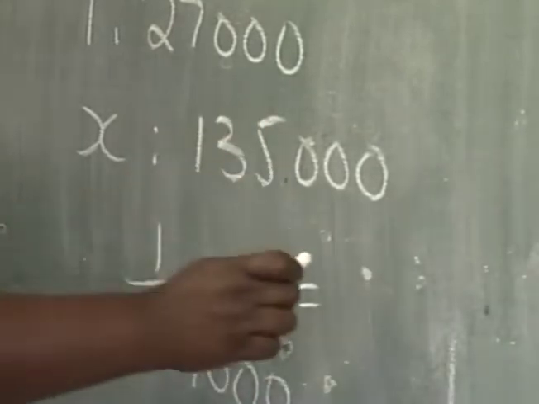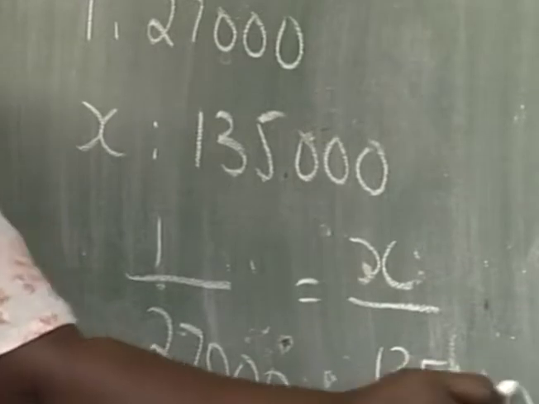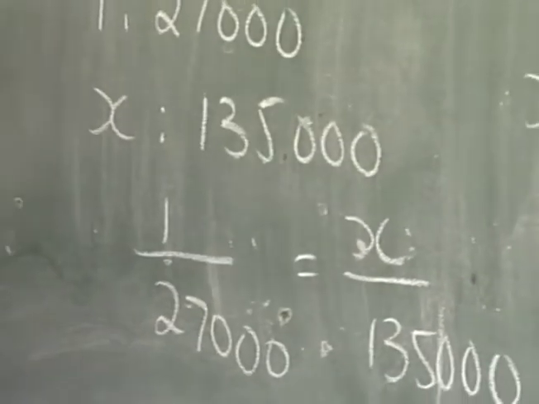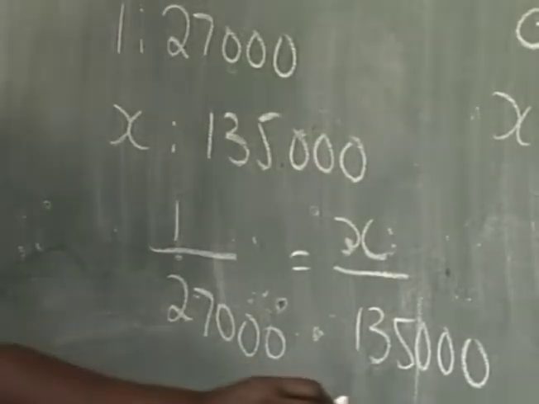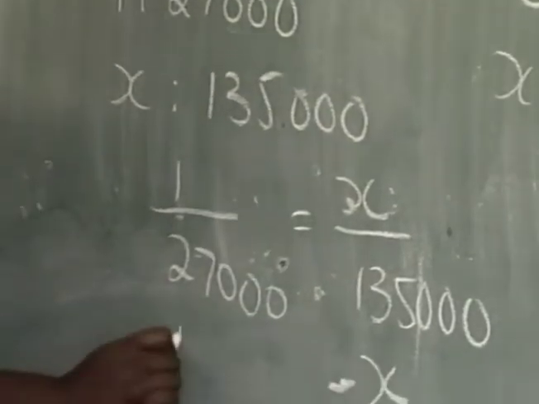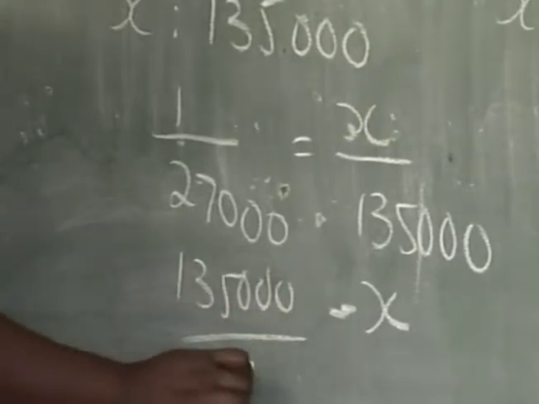So 1/27,000 is equal to X over 135,000. So what are you actually supposed to do here to get X? Divide 135,000 by 27,000.